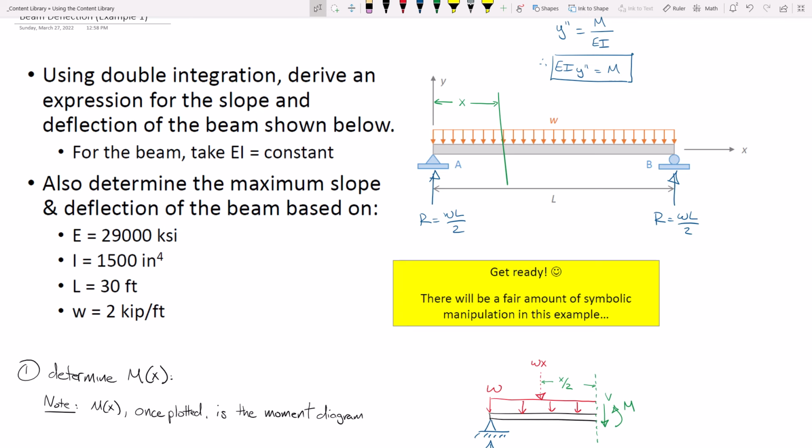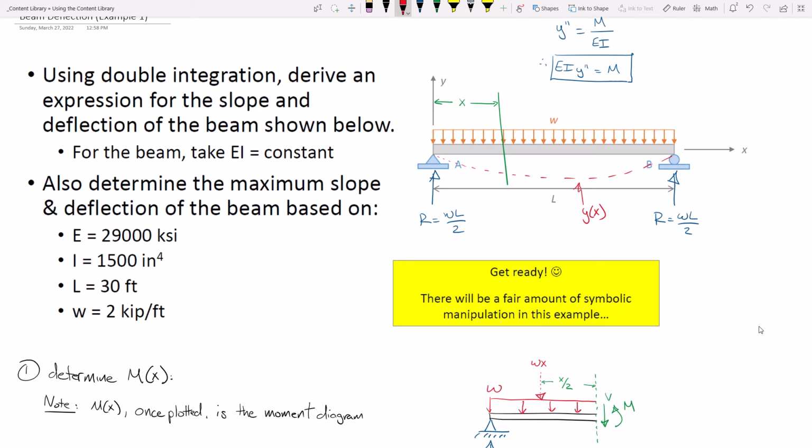So what we're trying to do, let's be clear, is determine a function for deflection. Here's the beam. What does it look like when it's deflected? Maybe, I don't know, something like that, right? This is y. That's the y of x function that we're trying to determine.